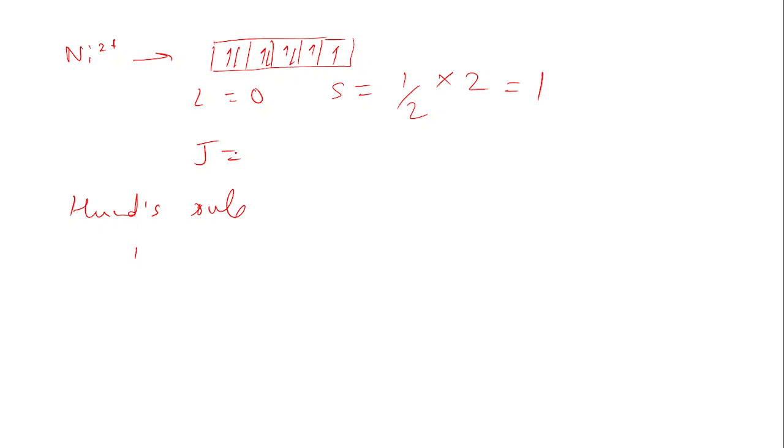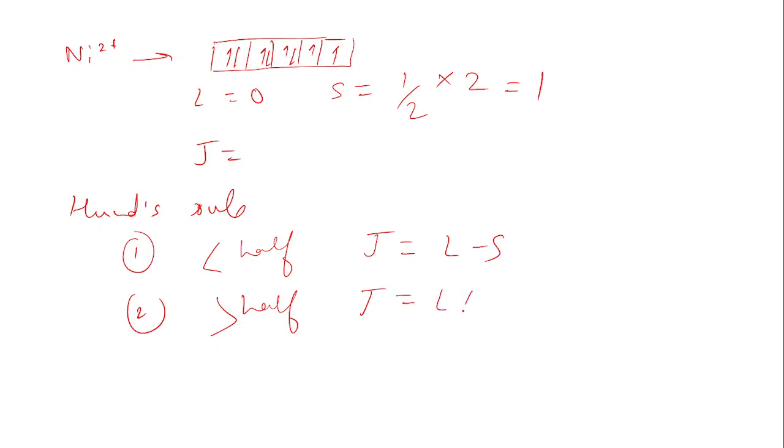Also, it tells how we calculate J. If the number of electrons in the valence shell is less than half, then J is L minus S. If the number of electrons in the valence shell, this orbital, is more than half, then J is L plus S. The total number of electrons that can occupy the d orbital is 10, because there are 5 orbitals, each can hold 2.